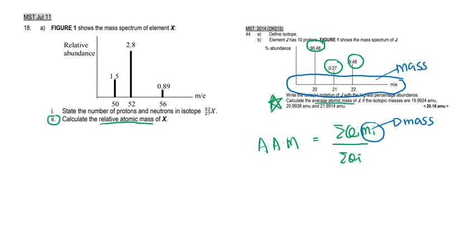However, when you read this question, calculate the average atomic mass of J, if the isotopic masses are 19.9924 AMU, 20.9938 AMU, and 21.9914 AMU, we are not going to use the whole number mass, but the mass with decimal places.